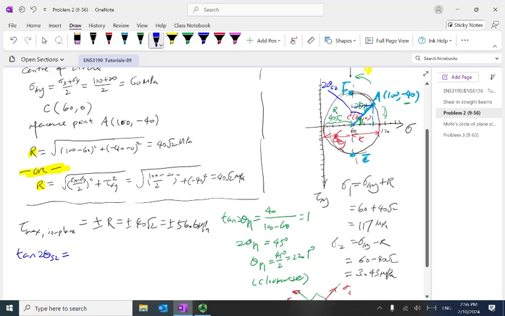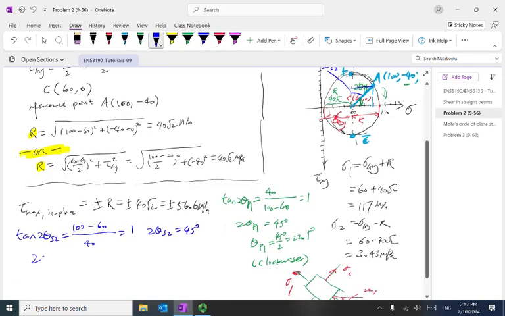This value is 100 minus sigma average, so 100 minus 60 over that is 40. So equal to 1. So 2 theta S2 is equal to 45 degrees.